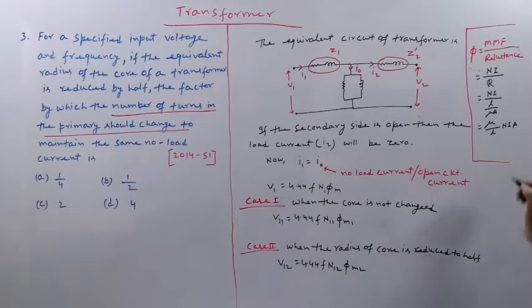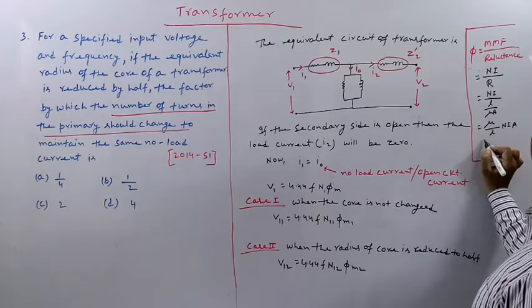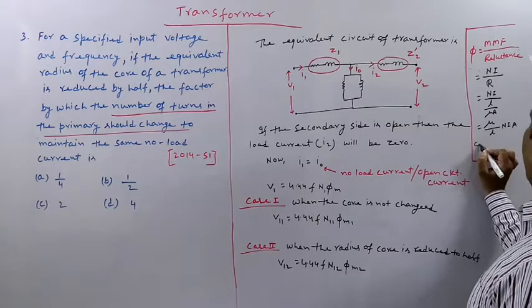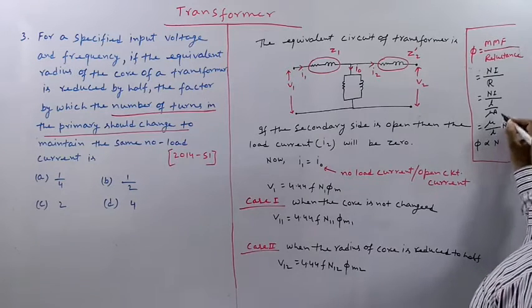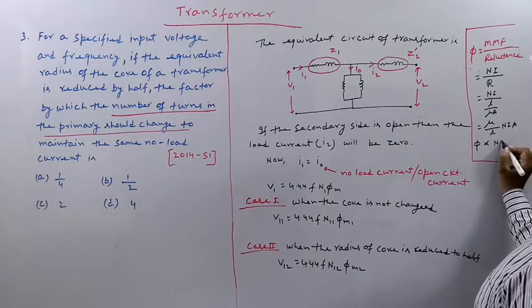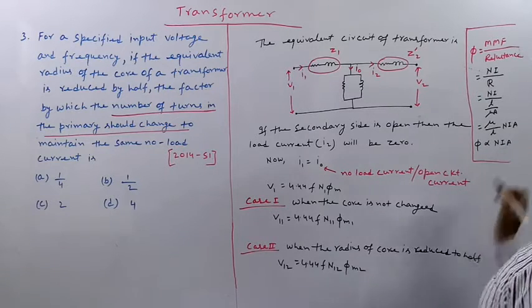Since mu by L is constant, we can write phi is proportional to N i A, because N is the number of turns, I is the current flowing through the coil and A is the area.